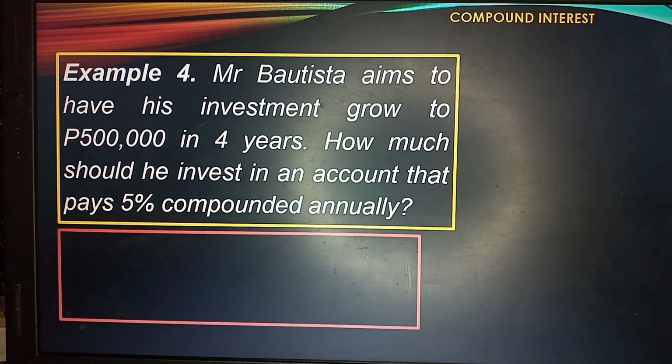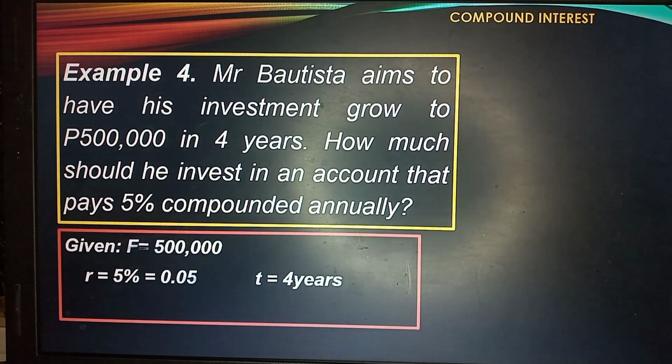What are the given? We have F, 500,000. Our R is 5%, or converted to 0.05. Then T equals 4 years. What are we looking for? Find the present value, because he wants to reach 500,000 in 4 years.